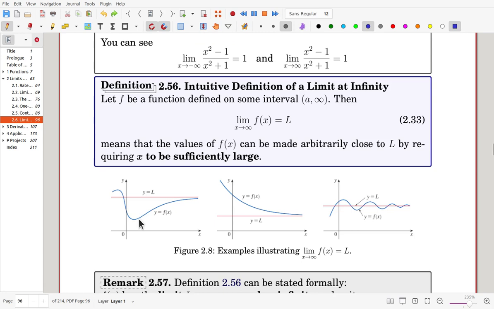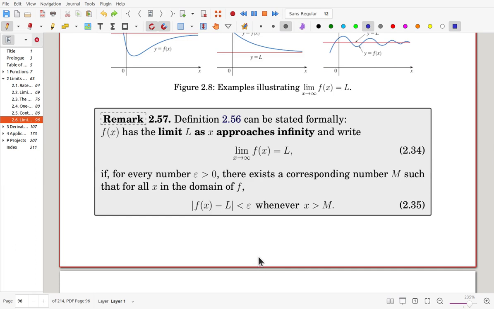For example, the function values can approach from below, or from above, or in an oscillatory way. However, the function values are approaching L. So in this case, we say the limit of f as x approaches infinity is L.